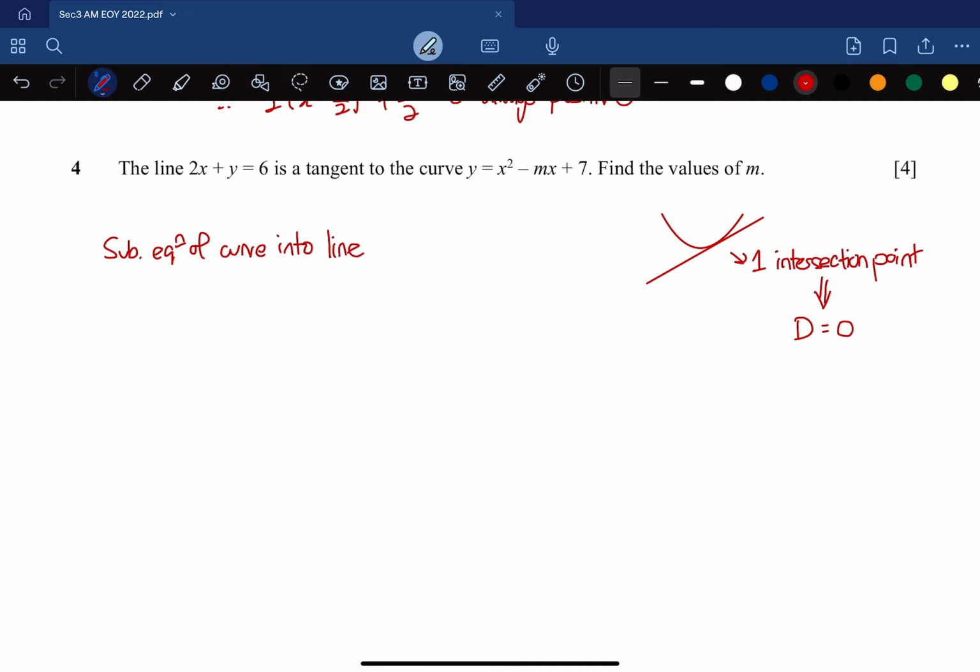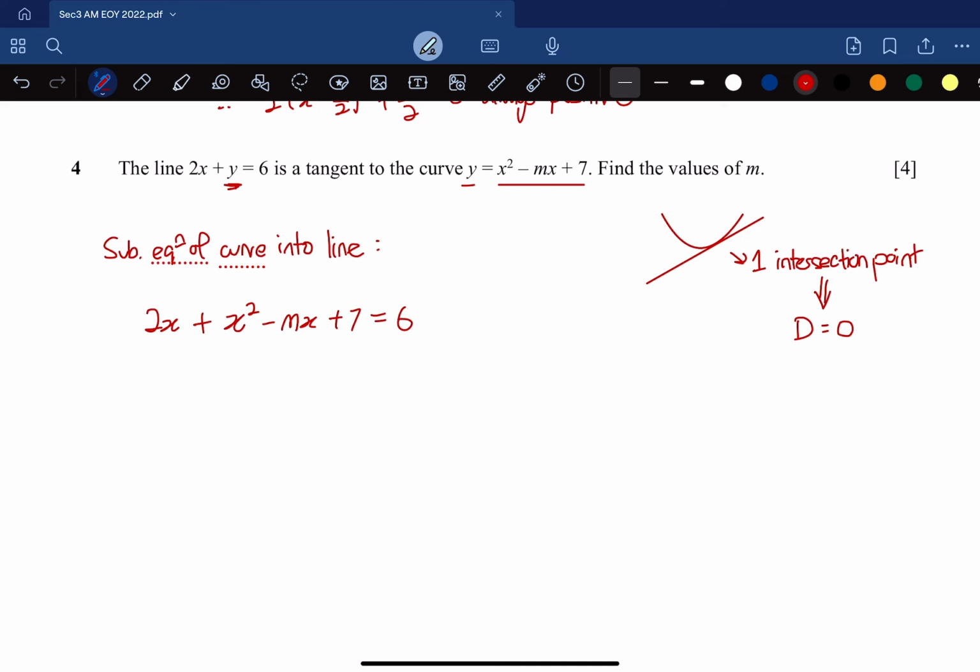Given that the equation of the curve is this equation here and the equation of the line is this, in order to find intersection points, I must equate the curve and line together. Since y is equal to this expression here and I have a y in the line equation, therefore 2x plus, instead of y, I can rewrite it to be x squared minus mx plus 7 equals to 6.